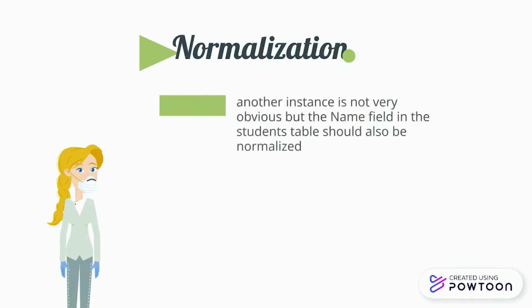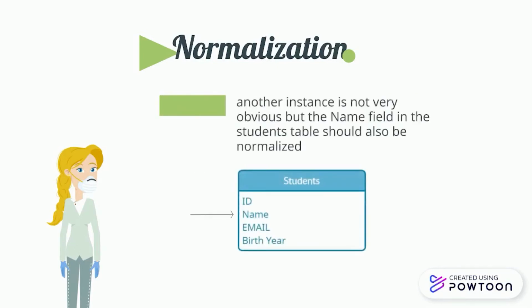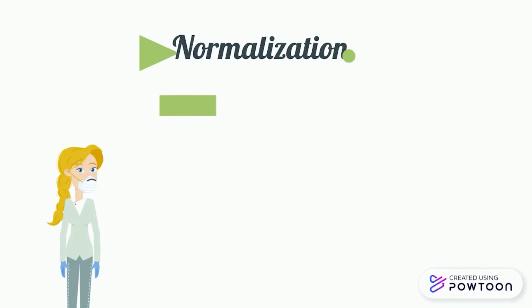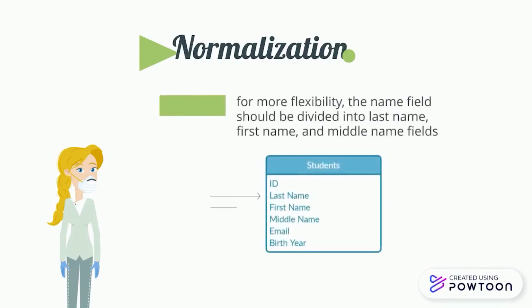Another instance is not very obvious, but the name field in the students table should also be normalized. See the table below. For more flexibility, the name field should be divided into last name, first name, and middle name fields.